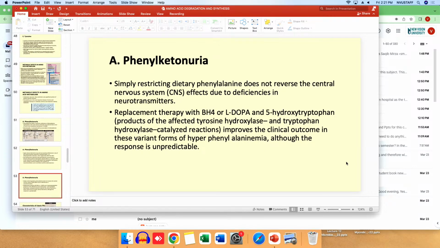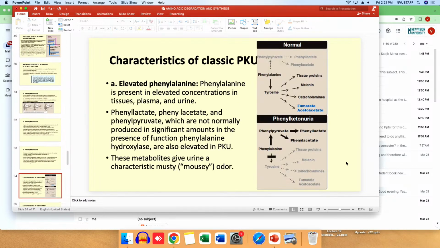Phenylketonuria. I think we mentioned everything about phenylketonuria, but you have it checked once again. The affected pathway is conversion of phenylalanine into tyrosine. That will be blocked.